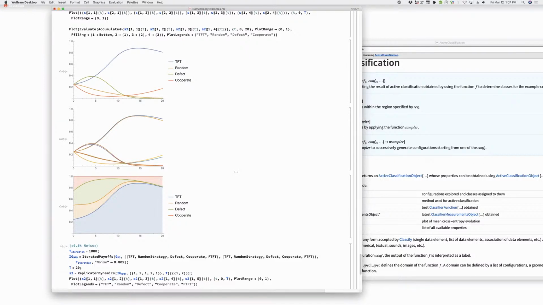Okay. That is how tit for tat and random and the defector and the cooperator would play with each other, and then Replicator Dynamics is used to see how the proportion of these strategies would change as a function of time.